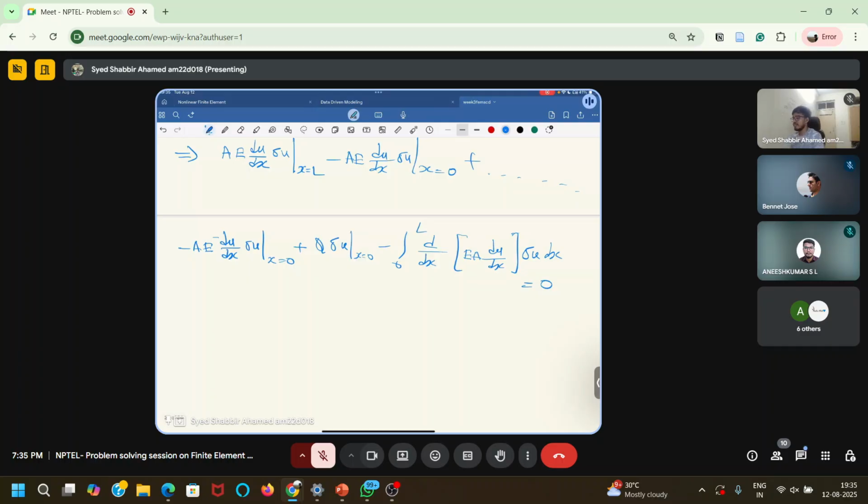So you can see that finally we are arriving at the same thing which we have been looking at in the weighted residual. This is at x is equals to L. Okay, sorry, x is equals to 0.